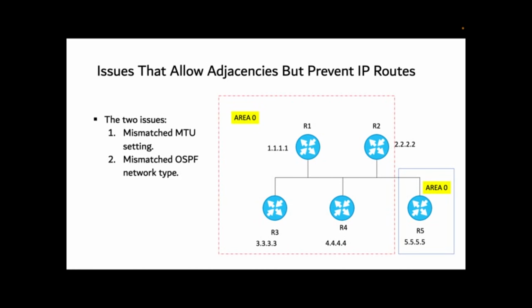So the second issue is mismatched OSPF network type. Interestingly, if you misconfigure the network type such that one router uses broadcast and another uses point to point, the two routers become fully adjacent neighbors. They exchange their LSDBs, but they will not add IP routes to their routing tables.